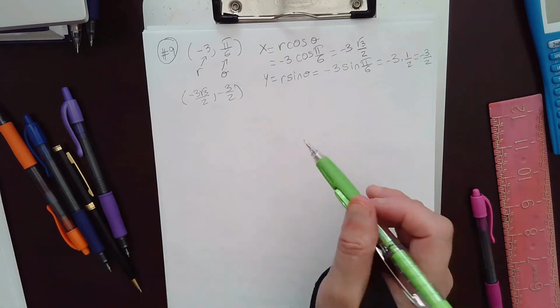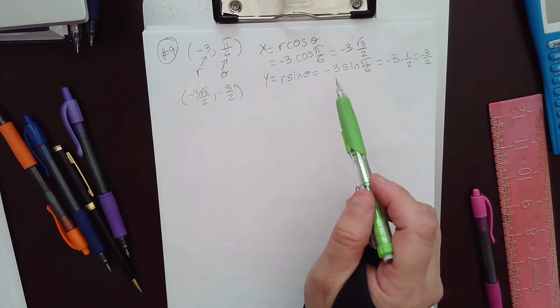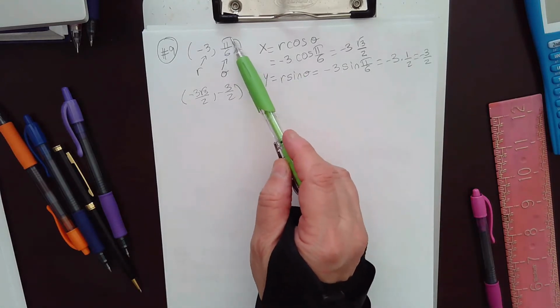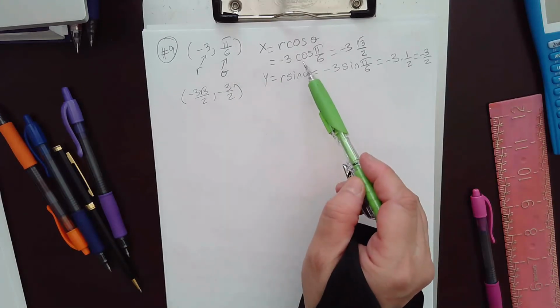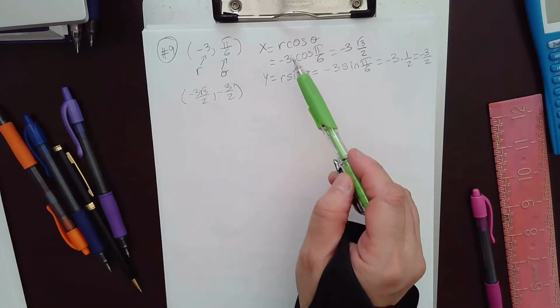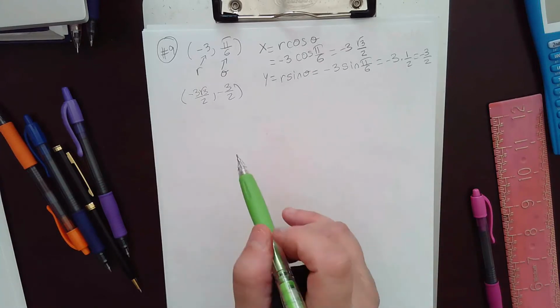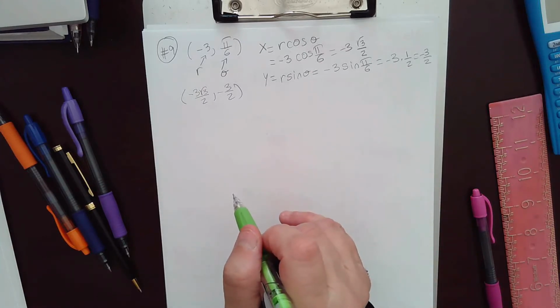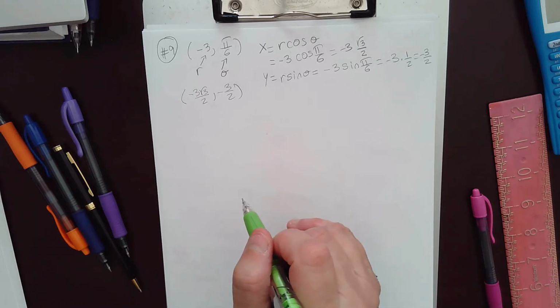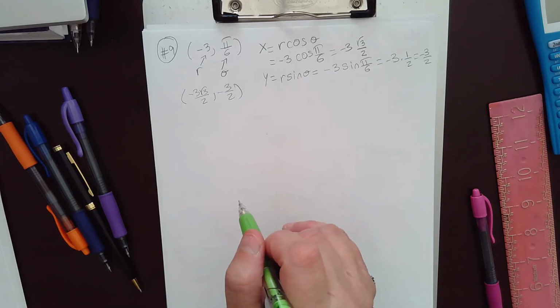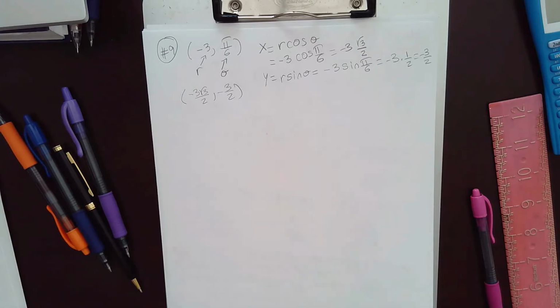They're both negative because the angle is in the first quadrant, so the cosine and sine are positive, but r is negative, so they're both negative. Okay, so this is number 9, converting polar to rectangular or Cartesian coordinates.